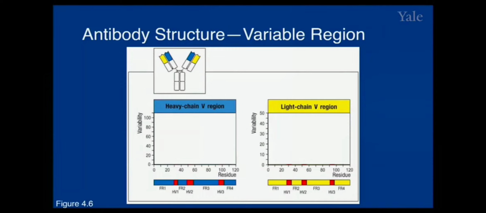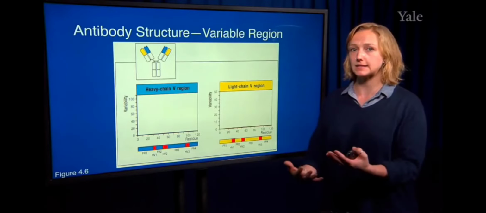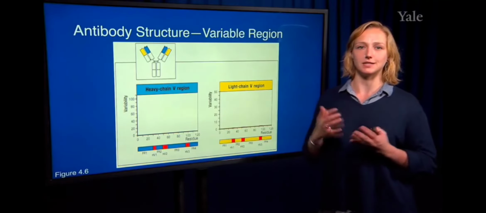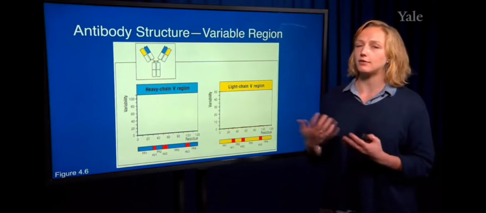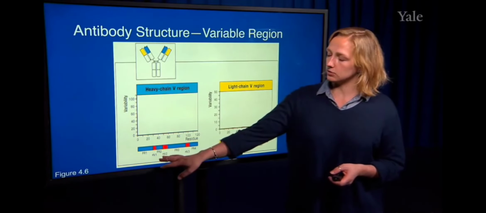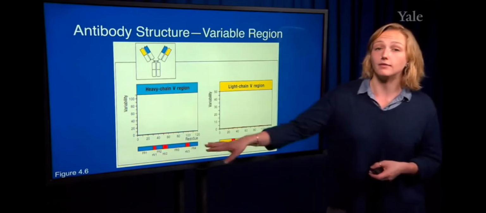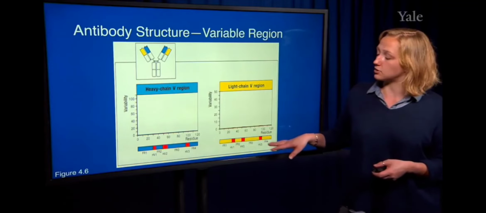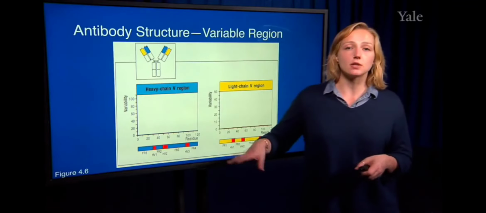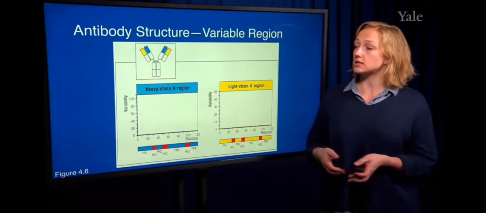Framework regions create the structure for the antibody, so it's really important to keep them constant and consistent because this allows the antibody to maintain its shape and have functionality. And then the hypervariable regions, which are scattered in between the framework regions, seen in the heavy and light chain regions as red, are what give the antibodies very high specificities. So these are regions with very high variability.